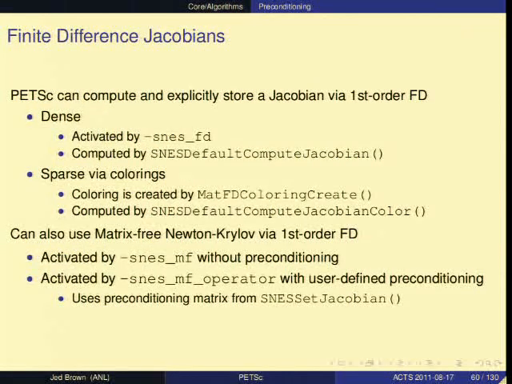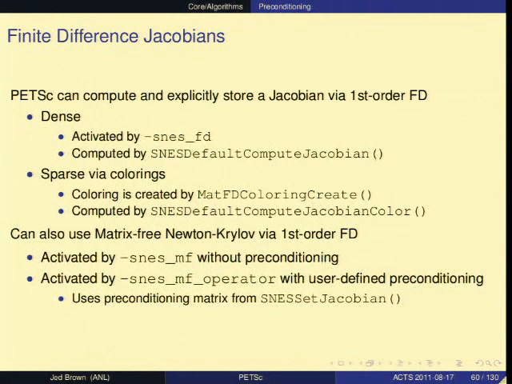Finite difference Jacobians. So this is if you didn't want to write the code to assemble the Jacobian yourself. You can compute a dense version, really with no information at all. If you know the sparsity pattern for the matrix you're trying to compute, then you can do it using colorings. And there are some examples that will do that.